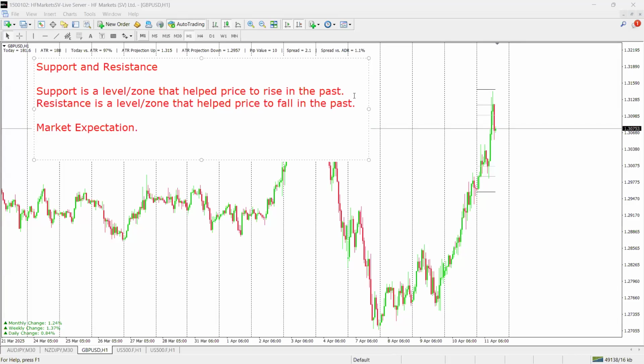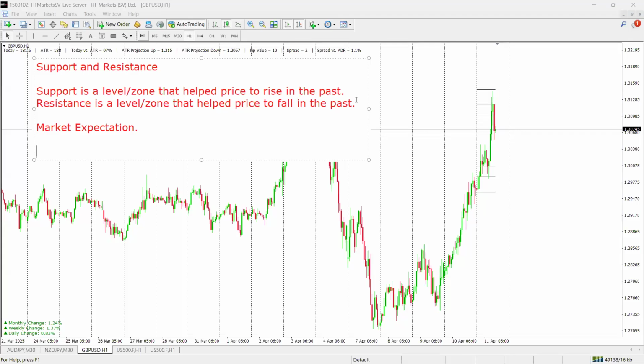What makes a level a support is the fact that it has assisted price in rising before, so the market expects it to be another level that can help price to rise in the present. So judging by what those levels have done in the past, we also hold expectations for them in the present.